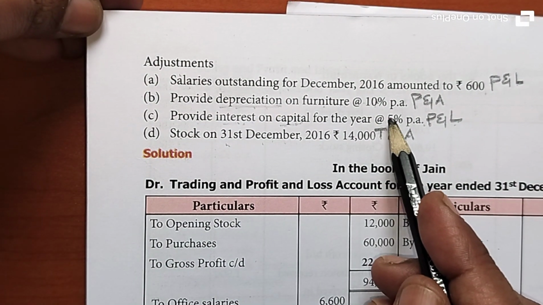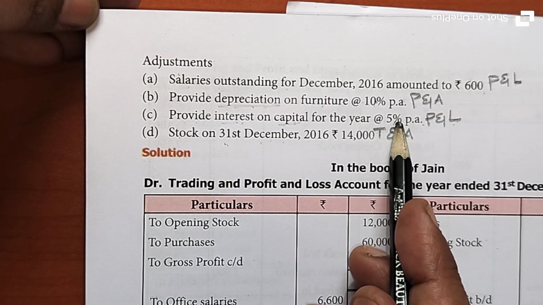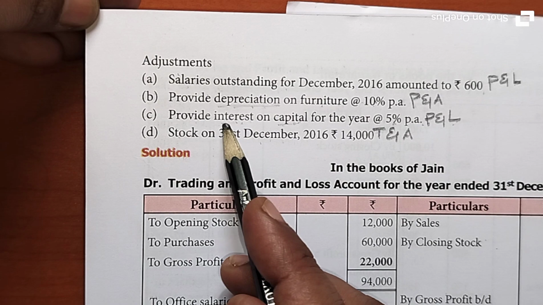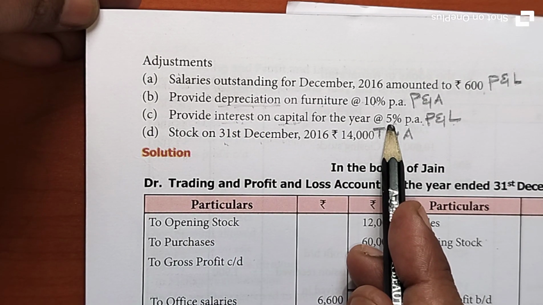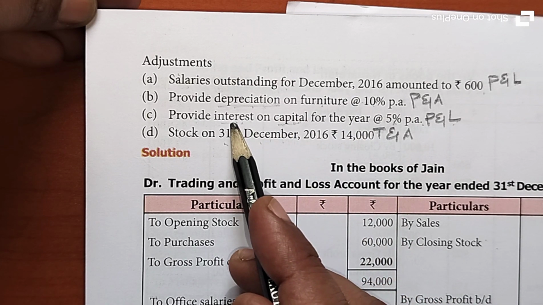So from the business point of view, interest 5% taken by the owner for contributing capital is an indirect expense.